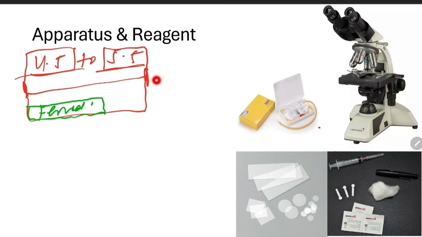Female usually have less count than male, and suppose this is the male count. Male count is usually around 5 to 5.5 million. Male always have higher count. Suppose this is for male and this is for female. Male has slightly higher count and female has slightly lower count, but the range is between 4.5 to 5.5 million per cubic millimeter of blood. If less than 4.5, this is called anemia, and more than 5.5, this is called polycythemia.